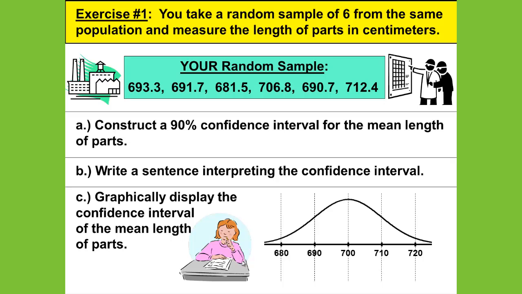So in this case, let's say after I've taken my sample, you are not convinced that I've discovered the true interval for the mean, or you're not convinced that the mean is actually in my interval. So you're going to take a sample yourself, and here is your random sample. Now, there are computer programs that can generate these samples, or if you were really on the job, you may take a sample off of every line or for every shift of a manufacturing process.